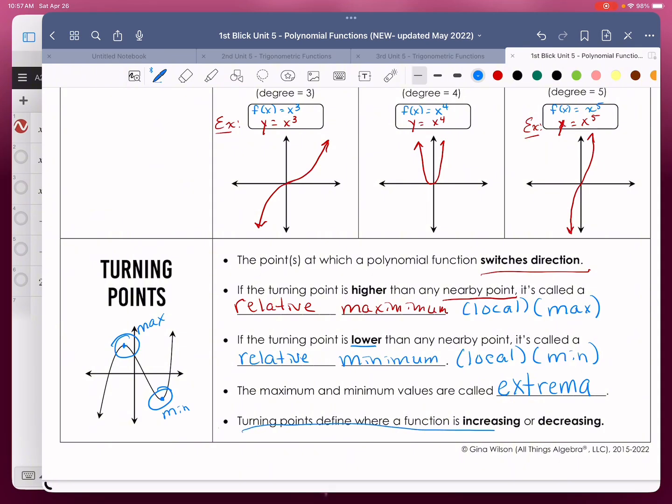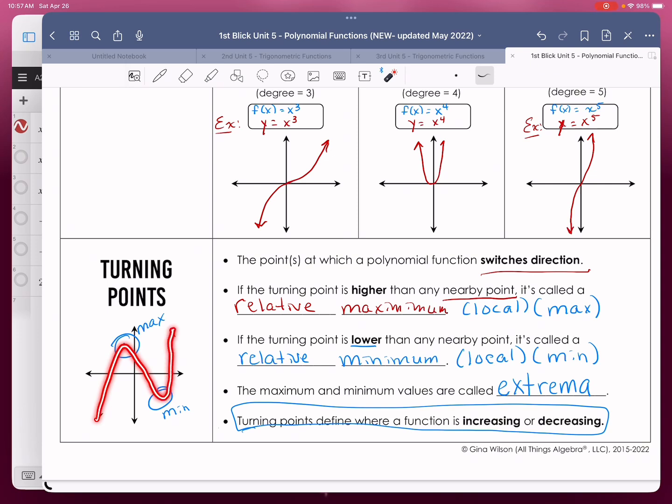Turning points define where a function is increasing or decreasing. So if I look at this graph over here and I want to tell where does it increase, where does it decrease. All right, starting at the left, which is negative infinity, as it goes up, that's an increase.